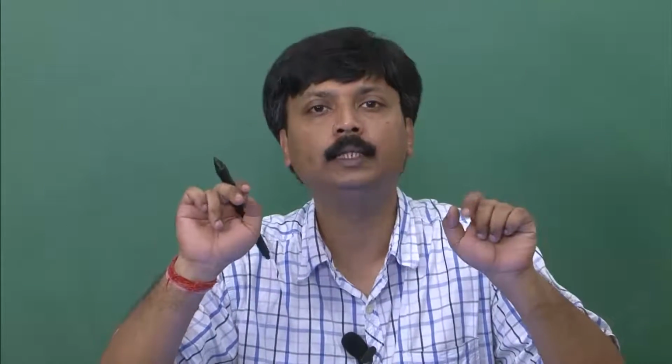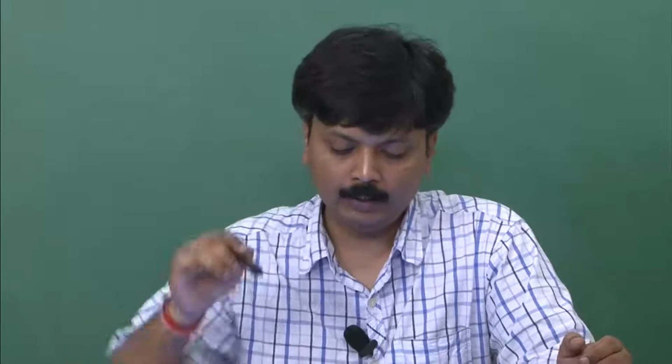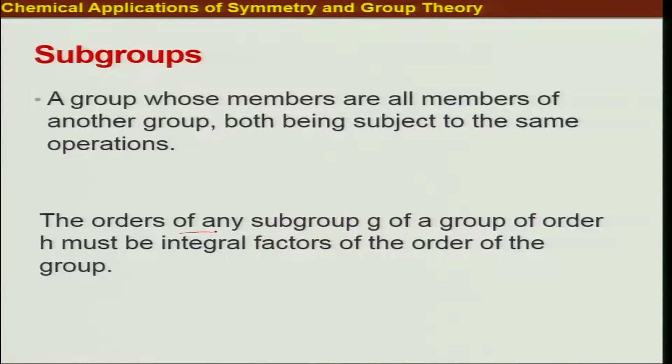Okay, and there is a specialty: a subgroup cannot have any order. There is a certain definite condition for a subgroup to satisfy in order to be called a subgroup, and that is that the order of that subgroup has to be an integral factor of the order of the main group. That is what is written here. That is, the order of any subgroup G of a group of order H must be an integral factor of the order of the group.